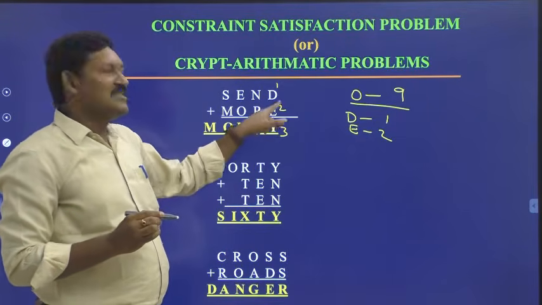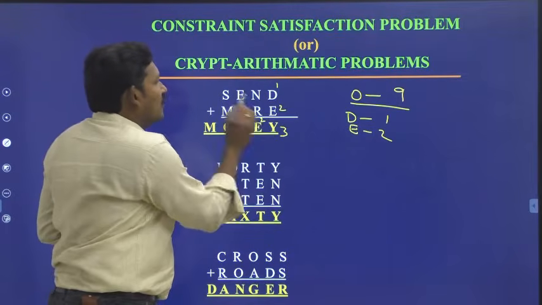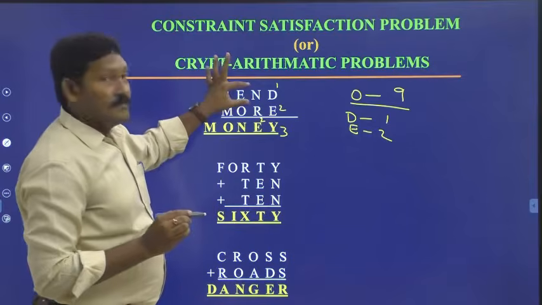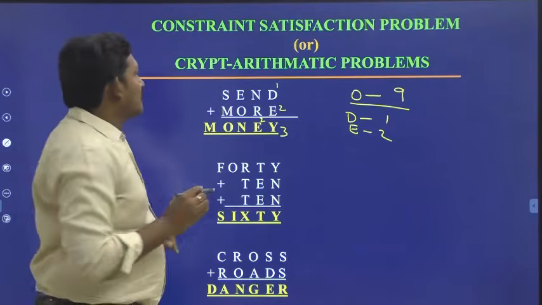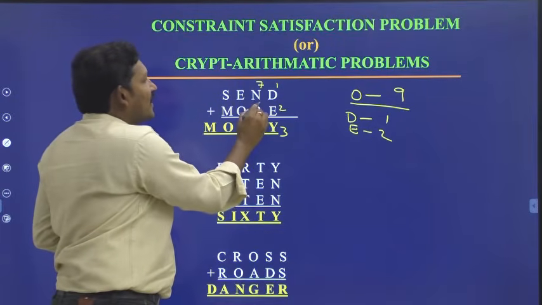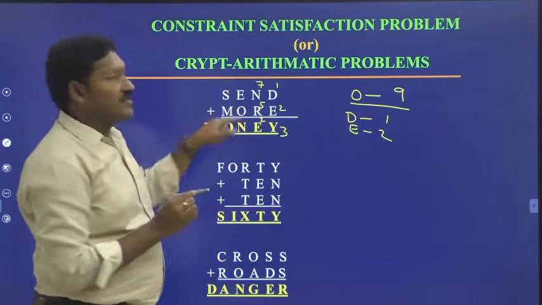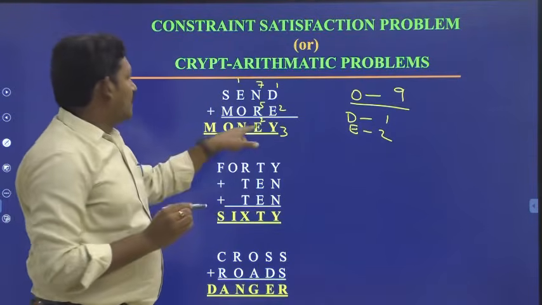Wherever we get E, its value should be 2. So if we sum N and R, we should get 2. In such situations, let us suppose we assume this as 7, this as 5, because 7 plus 5 is 12. So, 1 is carry, 2 we got here.